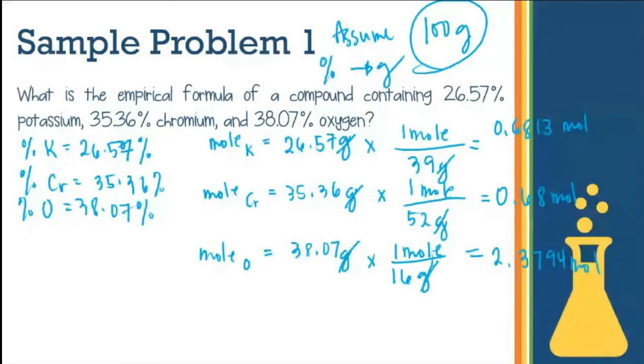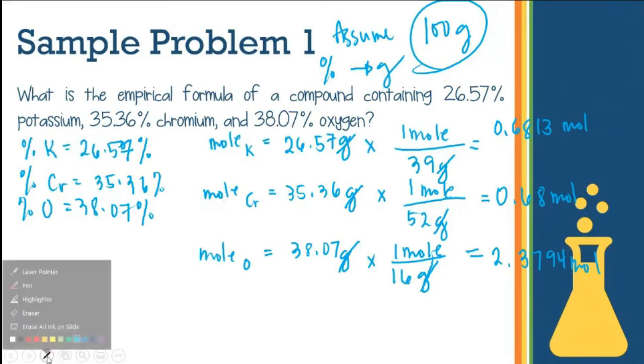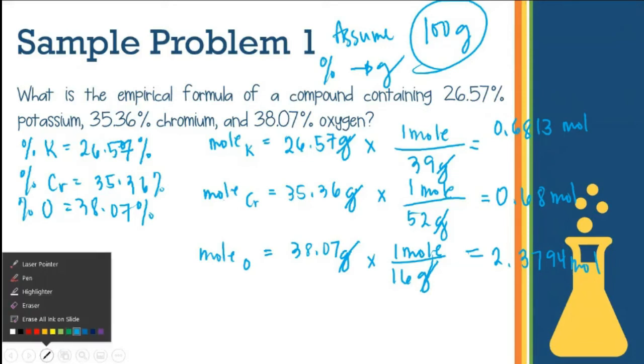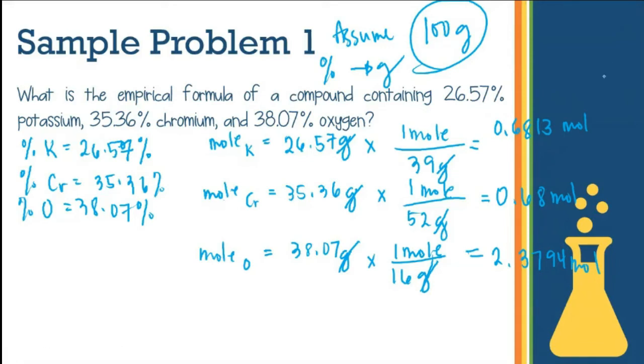Ano ba yung smallest number of moles natin dyan? So, pareho naman sila, no? Almost the same itong potassium and chromium. So, we can just at least choose one. 0.68 na lang. Basta yung smallest. Almost the same value lang naman sila. Okay. So, divide it by 0.68 moles, 0.68 moles, 0.68 moles.